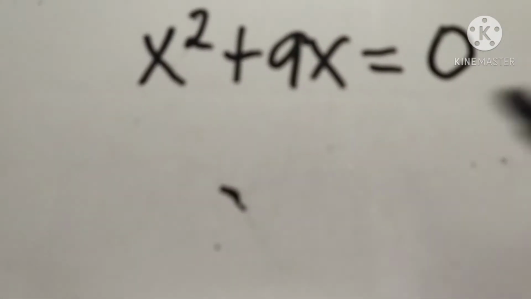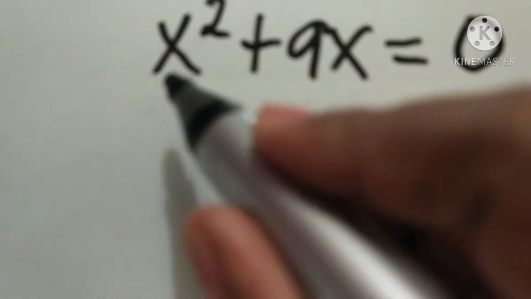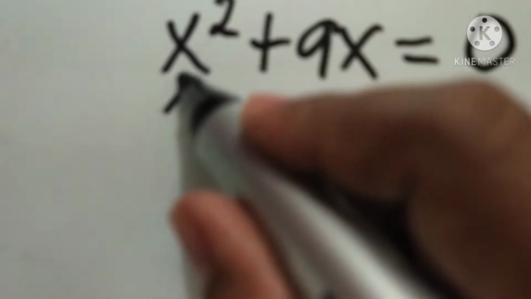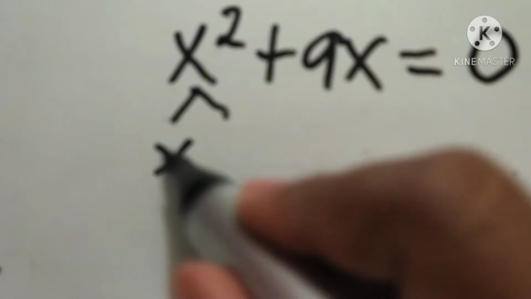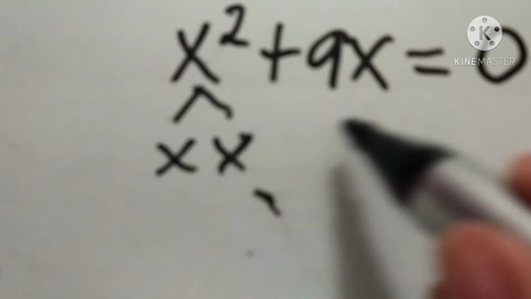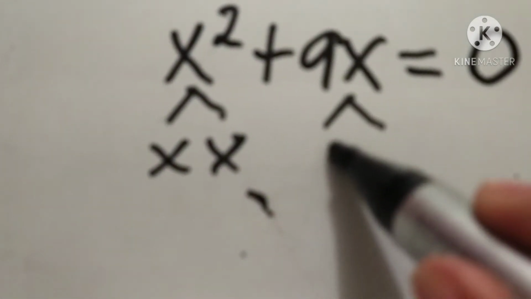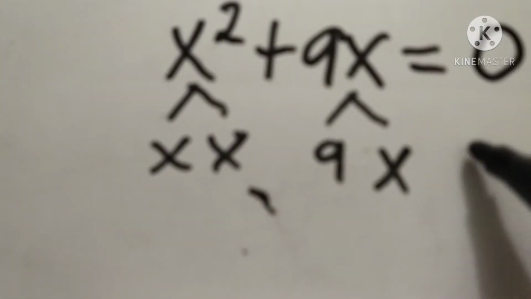And then, what are the factors? We will expand first. The factors of x squared are x times x. The factors of 9x are 9 times x.